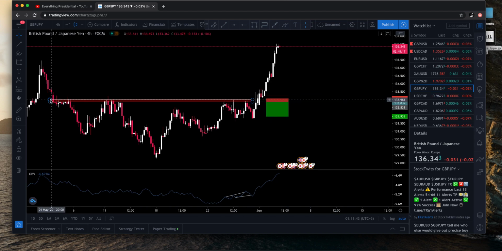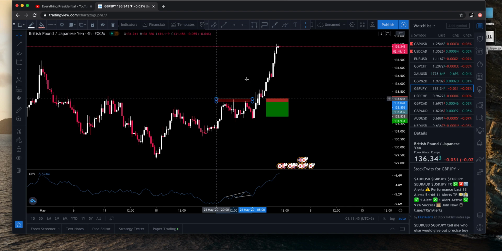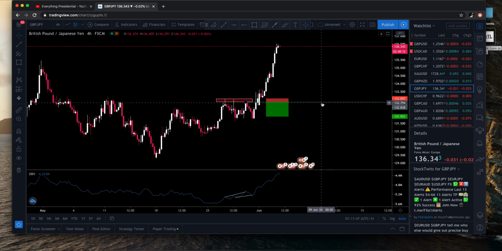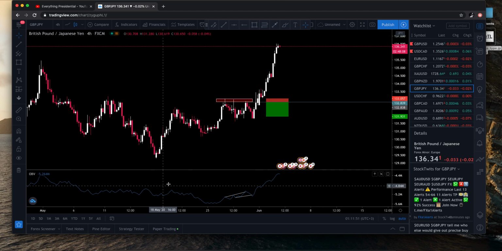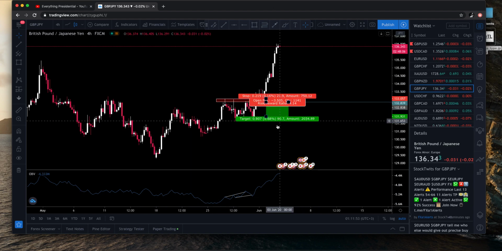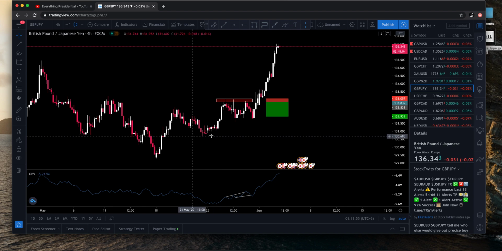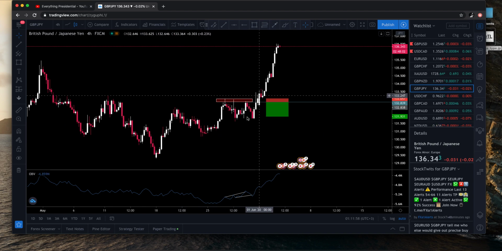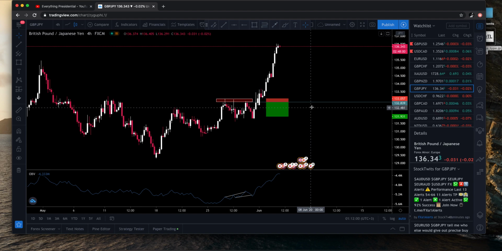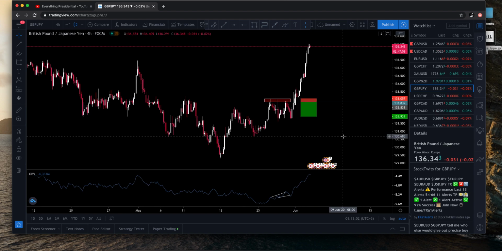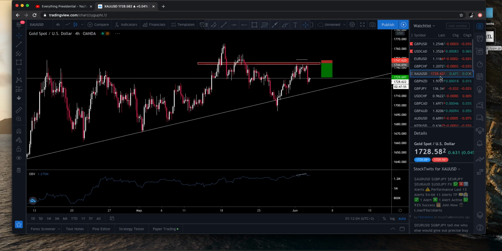I took other trades, so all is good. Okay, so this green line is where I entered for a sell, took my 90 pips and got out of the market. Now, if I had wanted to go for this support, for example, right here, well, you can see what would have happened. So just thought I would show you guys these nice little trades.